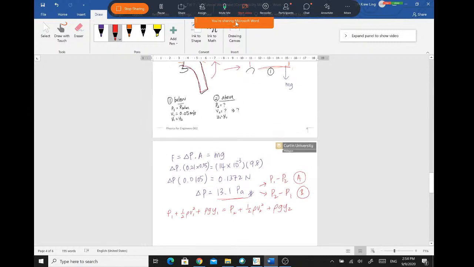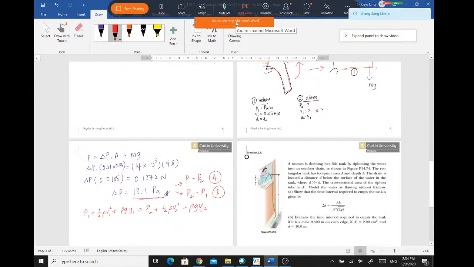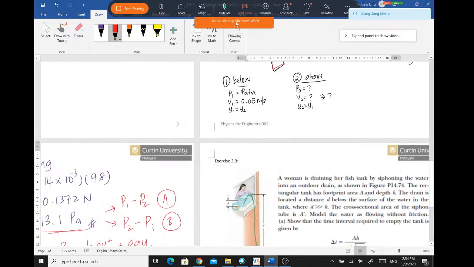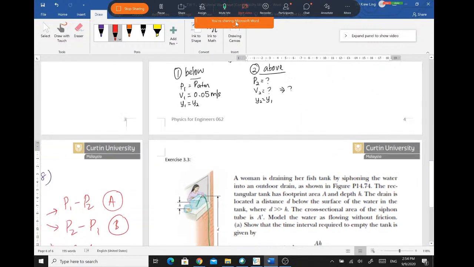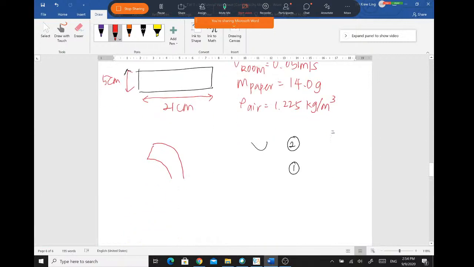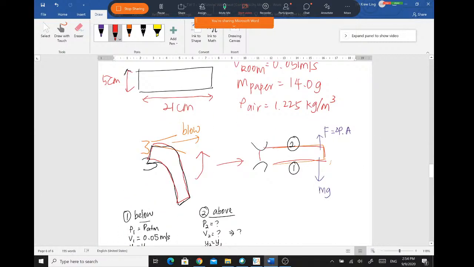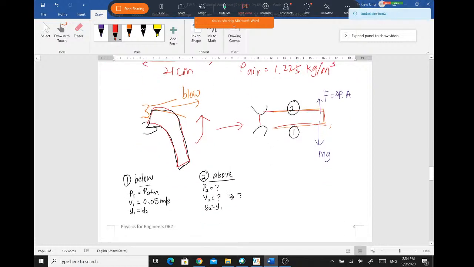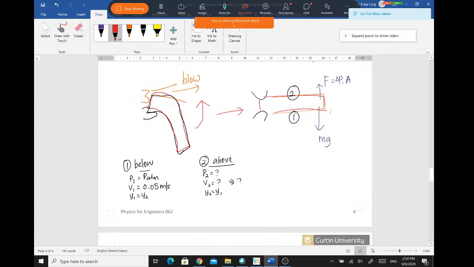Okay, so I want you to think, which point will have higher pressure? Below or above? Let's look at this diagram. Below will have higher pressure. Okay, so below is point 1, right? Correct?